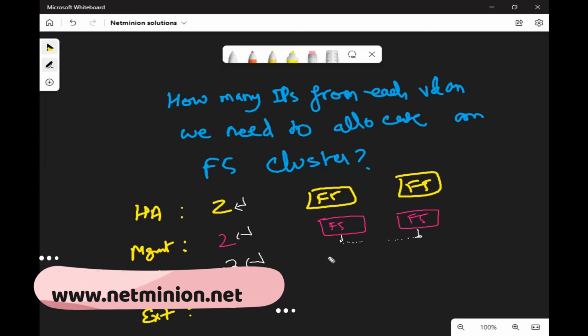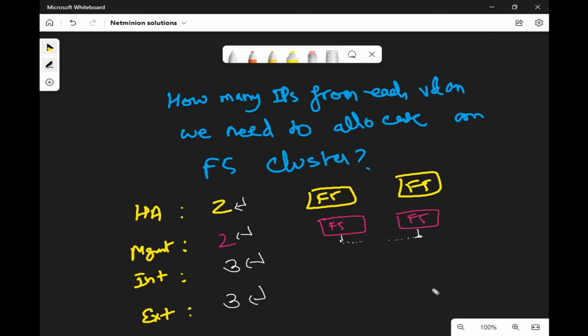Internal, you have one normal self IP, another normal self IP on the second F5, and one floating self IP, so 3 IPs. Is this quite clear? Yes. So in internal you have two F5 boxes, two normal self IPs, and one floating self IP shared by both the devices.